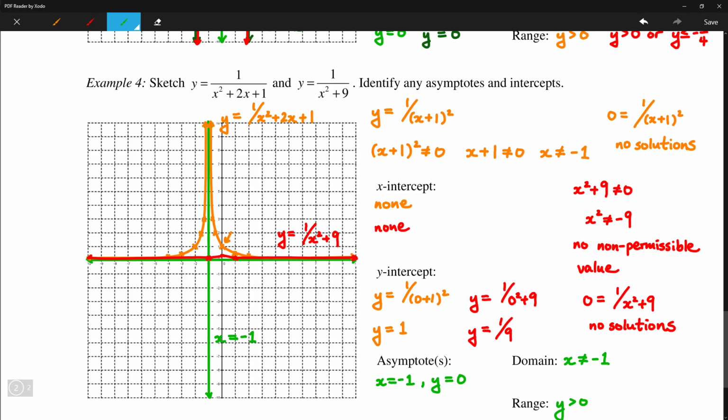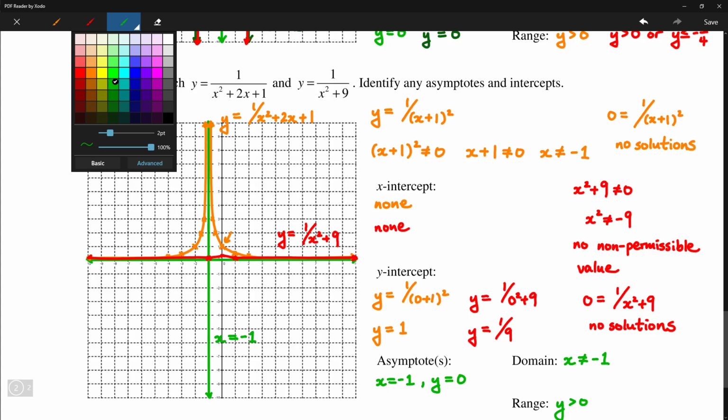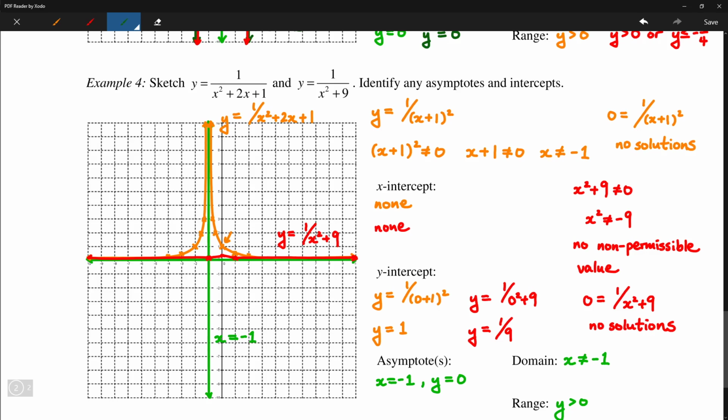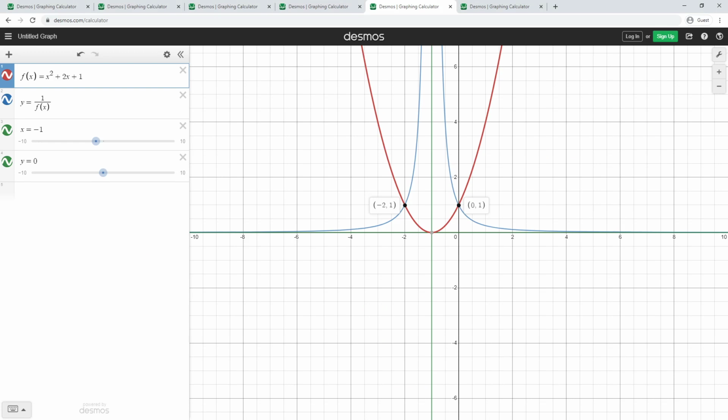And then the asymptotes for this graph: it doesn't have a vertical asymptote. It has a horizontal asymptote at y equals 0. And for the domain and range, let's just double check the graph on Desmos here.